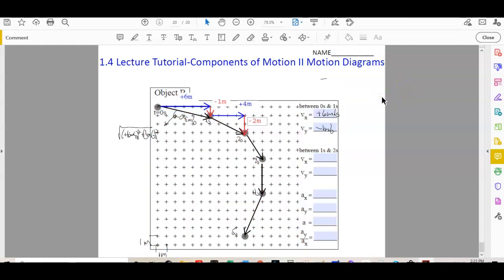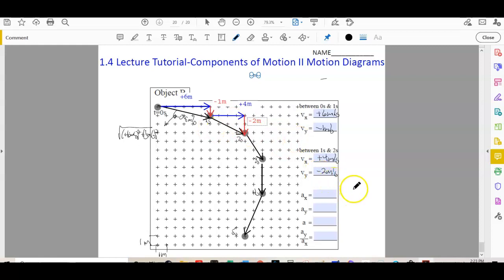So to fill in the blanks here, in that next time frame, it looks like it's traveling a positive 4 meters per second and a -2 meters per second. Well, now we have enough information to figure out what is its acceleration in the x direction, right?